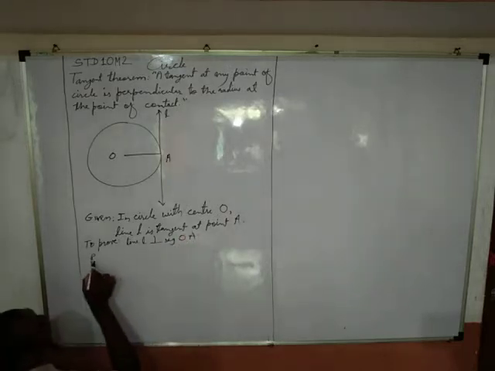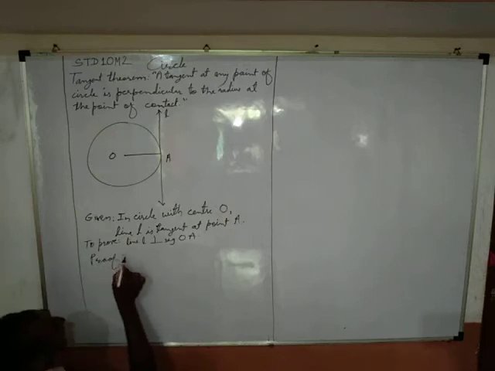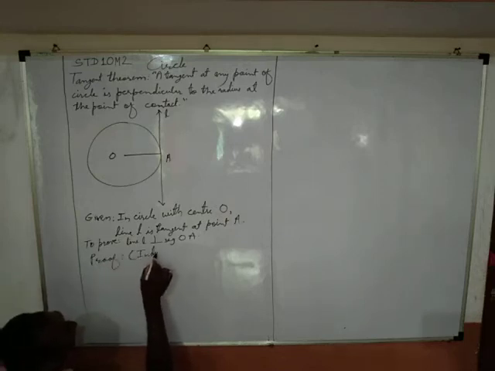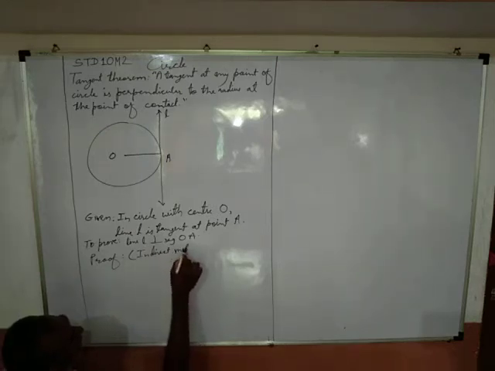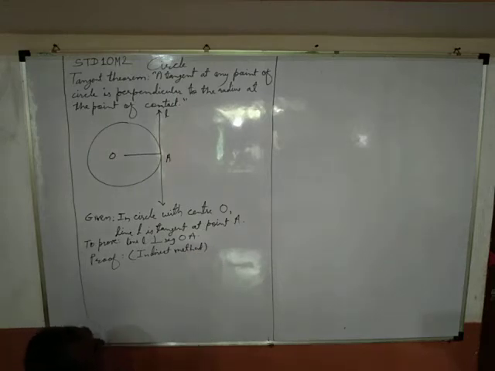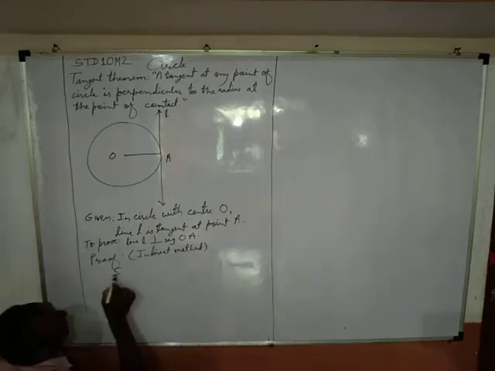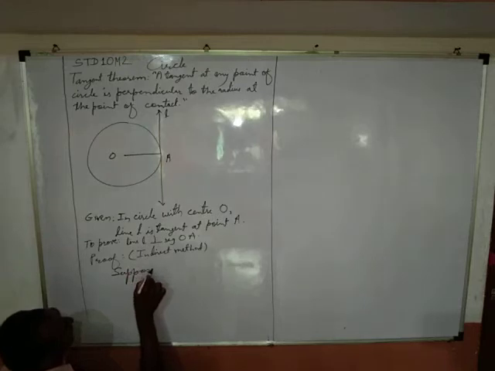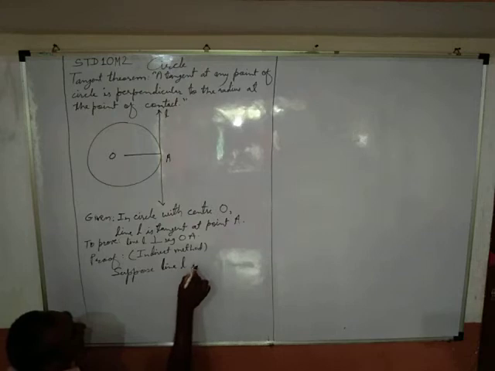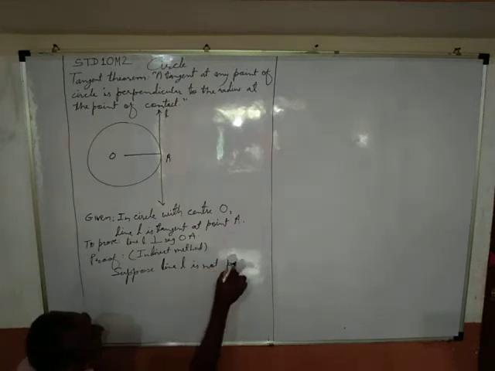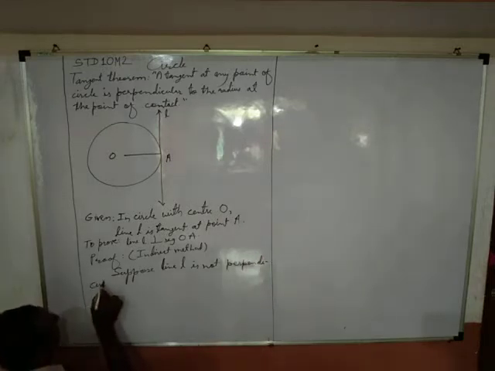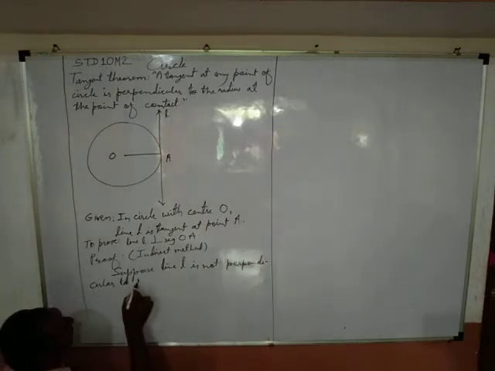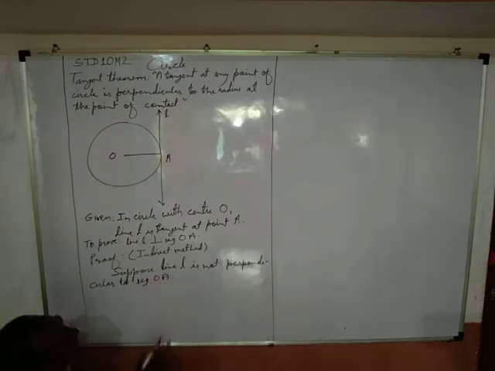Now let's give its proof, which is by the method of indirect proof. Okay, suppose line L is not perpendicular to seg OA.